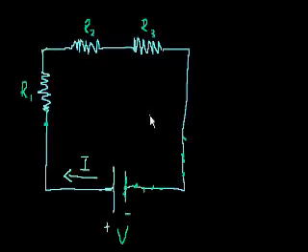And there's a couple of ways I can convince you. Let's call the current here I1. Let's call this current here I2. And let's call this current here I3. I could draw another one here, I3.